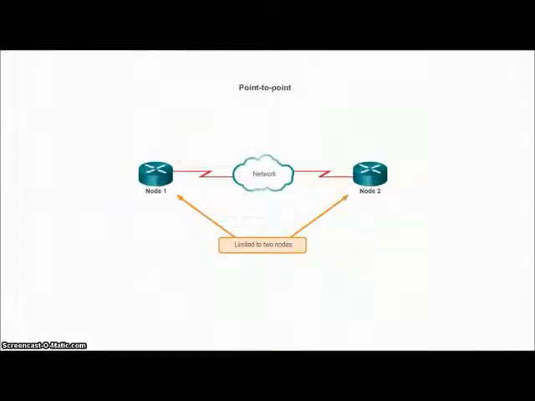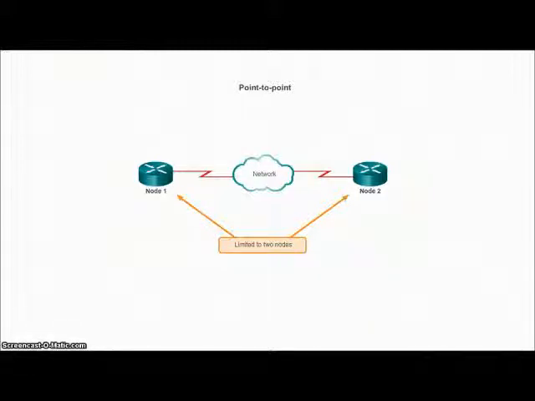Now, the physical point-to-point topologies directly connect two nodes as shown in the figure. In this arrangement, two nodes do not have to share the media with other hosts. Additionally, a node does not have to make any determination about whether an incoming frame is destined for it or another node.